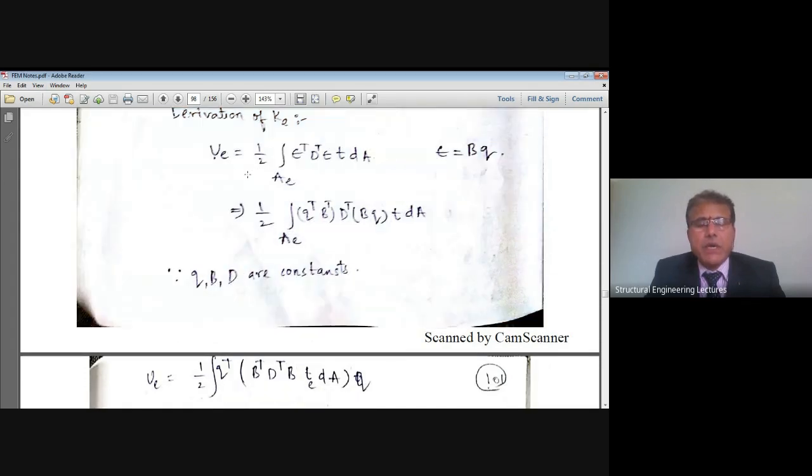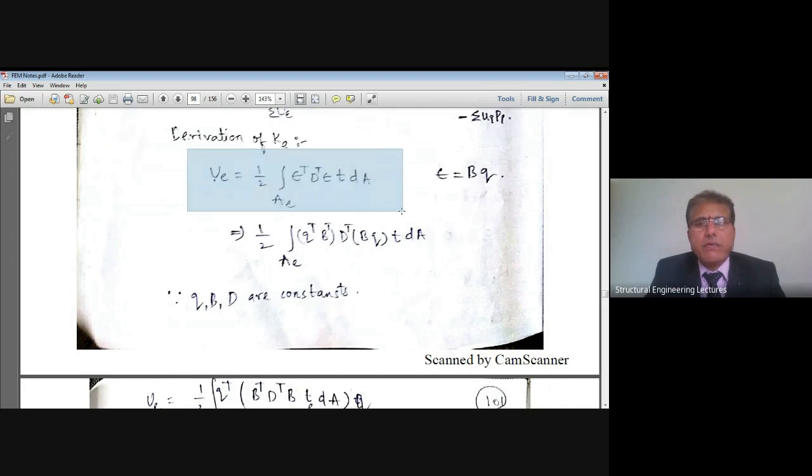Then I'll recall the strain energy of one element, given by half integration over area, epsilon transpose D multiplied by epsilon multiplied by dV. dV is t multiplied by dA. Actually, this is epsilon transpose.